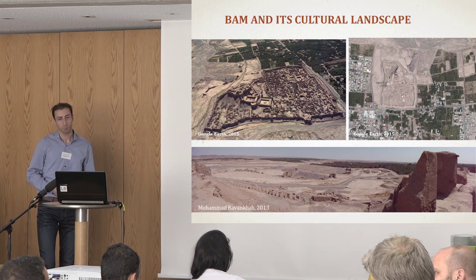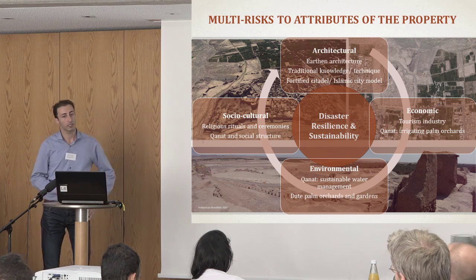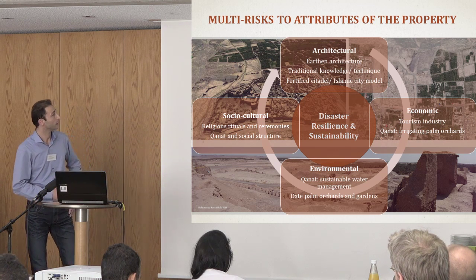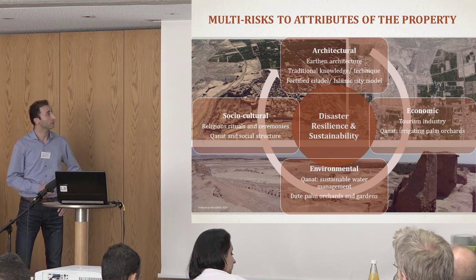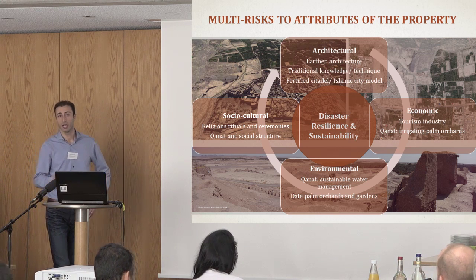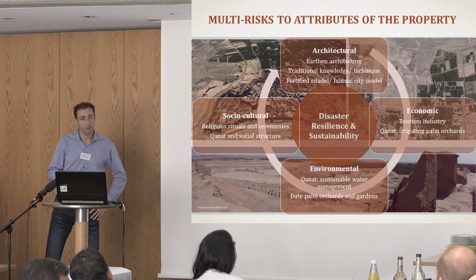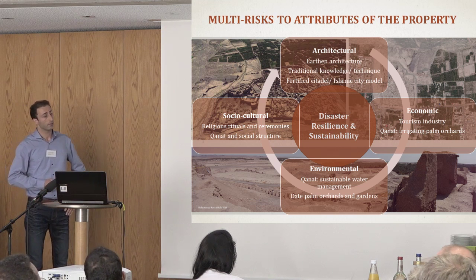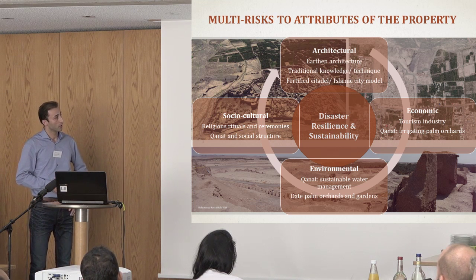And this is my last slide to show how we should consider different risks, the multiple risks of a natural hazard like an earthquake in the case of Bam and its cultural landscape.